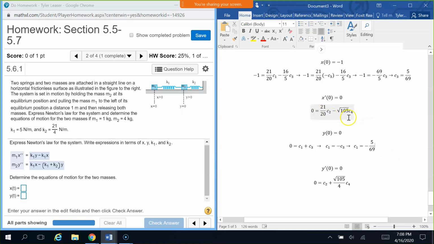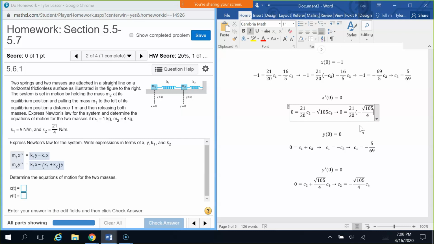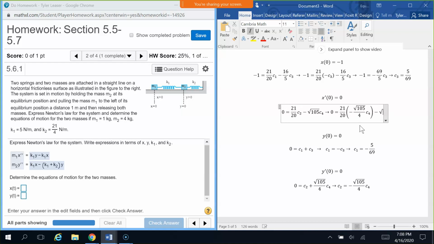Now for the C2 and C4 stuff. I'll start down here. It looks like C2 is equal to negative square root 105 C4. And plug that into here. 0 is equal to 21/20 negative square root 105 over 4 C4 minus square root 105 C4.